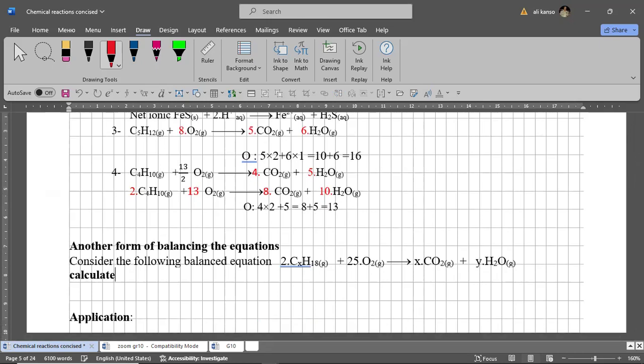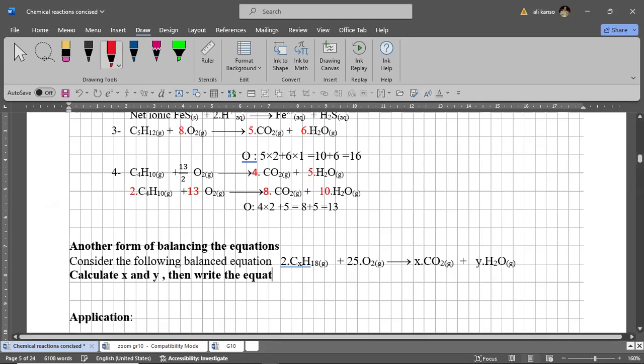Calculate x and y. Then write the equation of the reaction. Equation of the reaction.